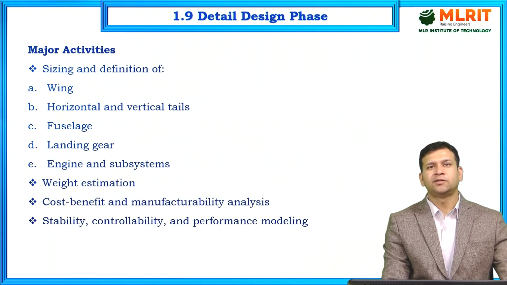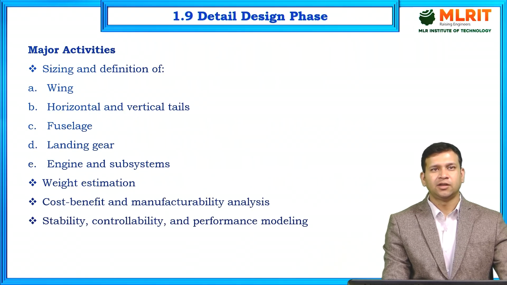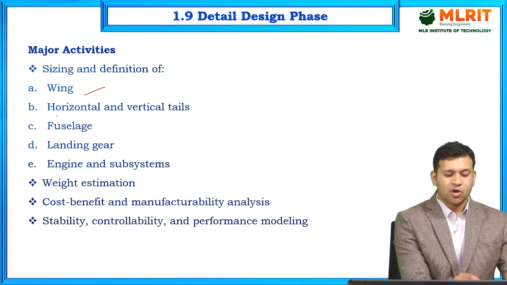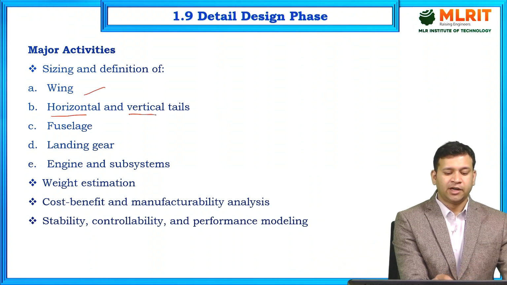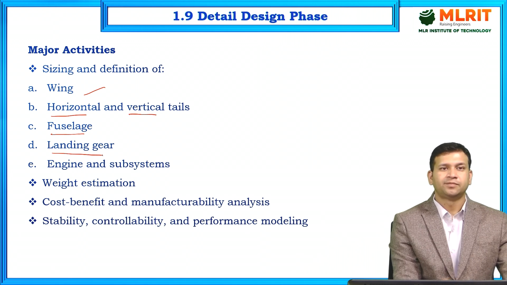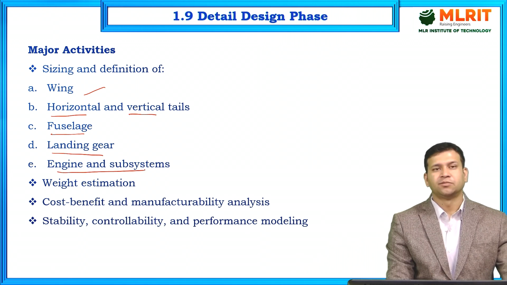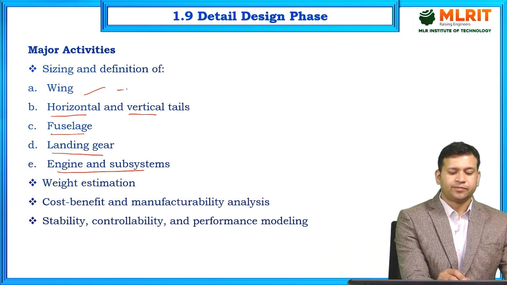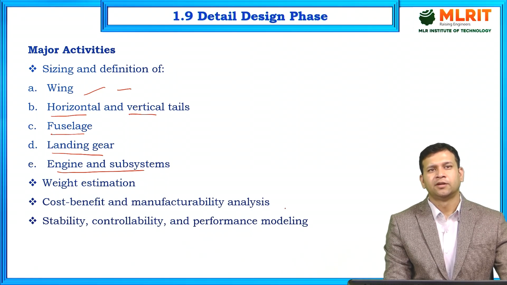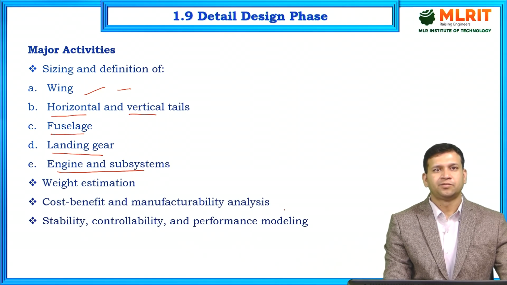The major activities during the detailed design phase include sizing and definition of wing, horizontal tail, vertical tail, fuselage, landing gear, engine and subsystems. How the wing will be, what will be the shape, what will be the geometry of the wing, that is being decided here.